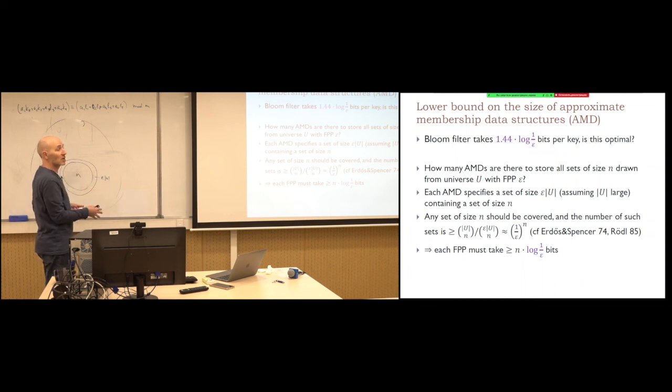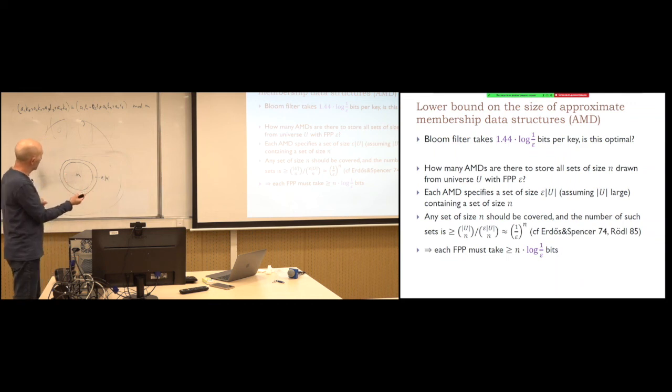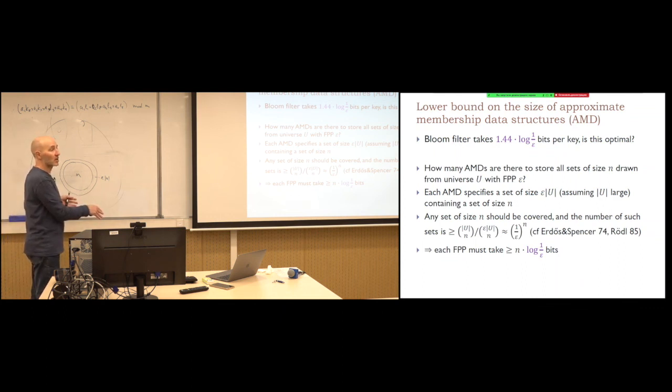But since we are interested in a lower bound, we can assume that these sets are disjoint. The number that we obtain can only be smaller than the real number.